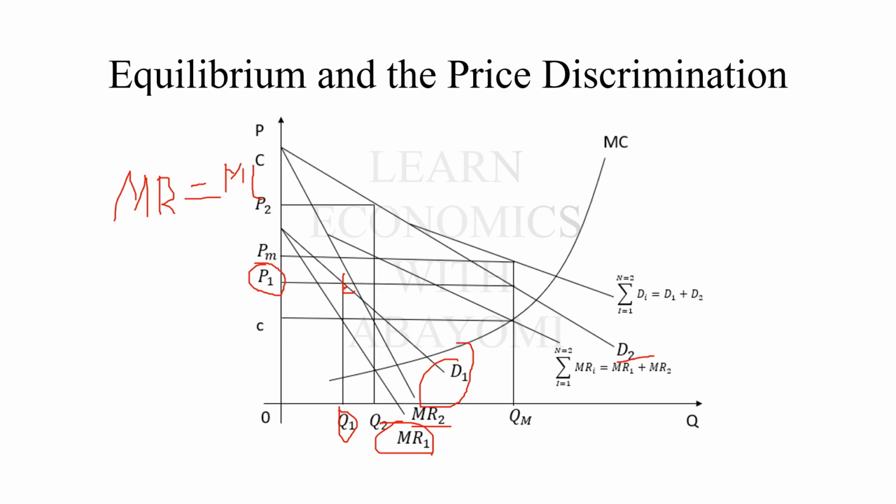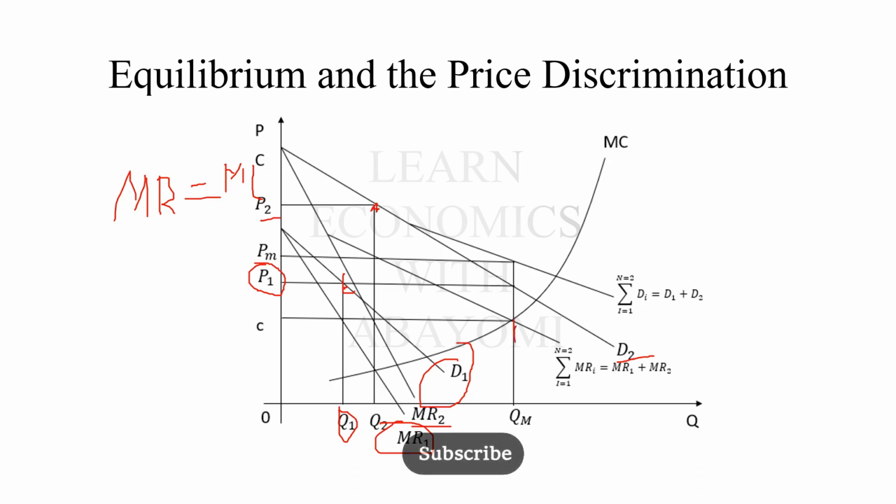Now, for the second market, this is the point where we have price 2 and quantity 2, and you can see that this is the demand curve for the second market. Price discrimination is just that we want to join these two markets together to form an aggregate summation, and the aggregate summation happens at this point.